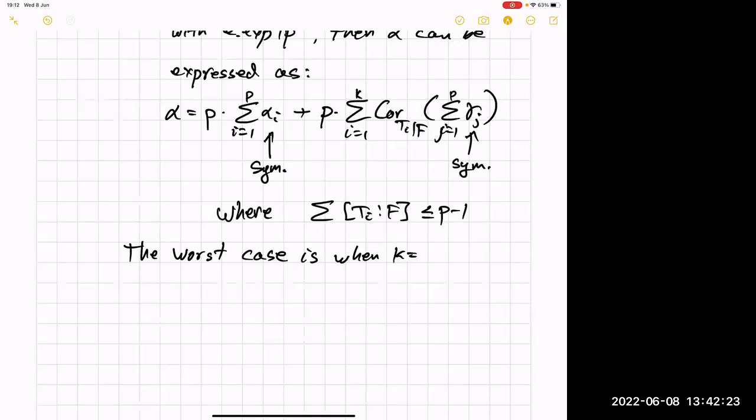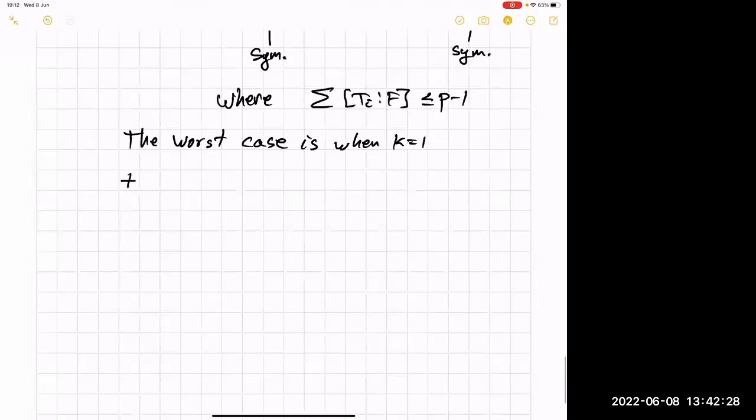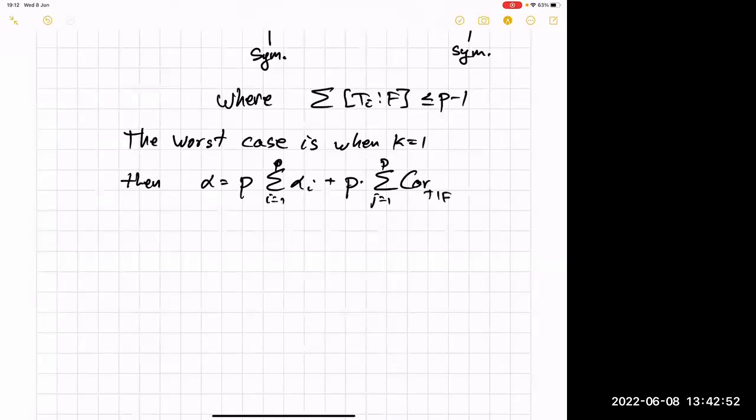So if k equals 1, then alpha is just p times the sum of alpha i's plus p times the sum j equals 1 up to p of a co-restriction from T to F of gamma j's. Again, gamma j's are symbols, and the alpha i's are symbols.